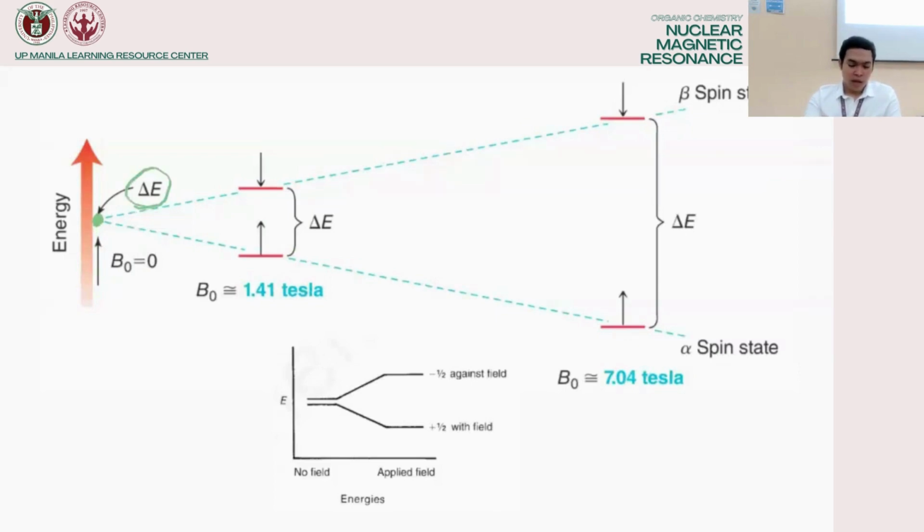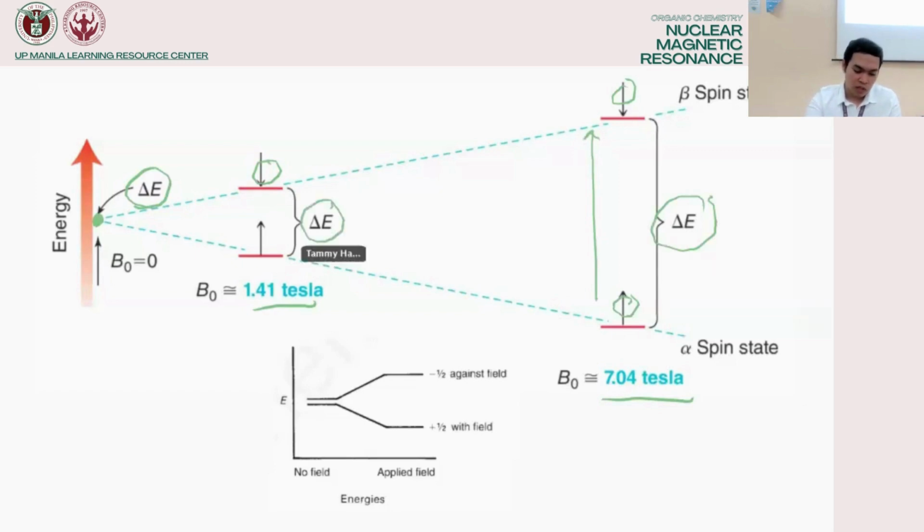Sometimes we want our device to be small, while other nuclei need a bigger magnetic field strength. Before they go from the alpha spin state to the beta spin state, they need a greater energy change. But this one has a small energy change, just 1.41 Tesla.